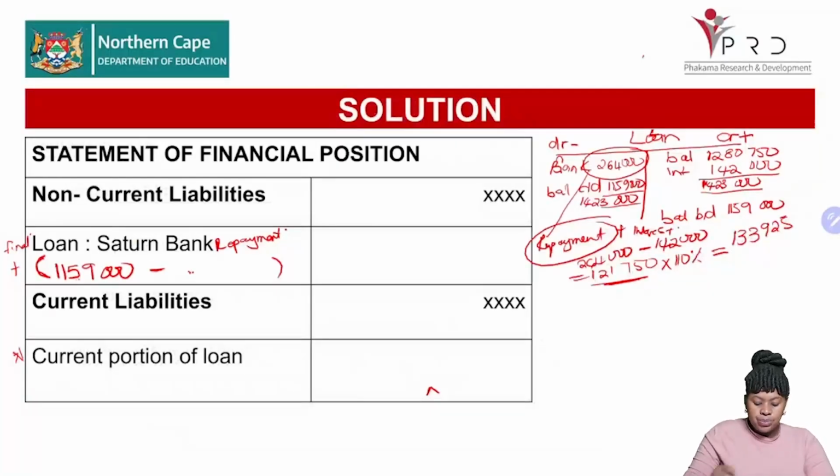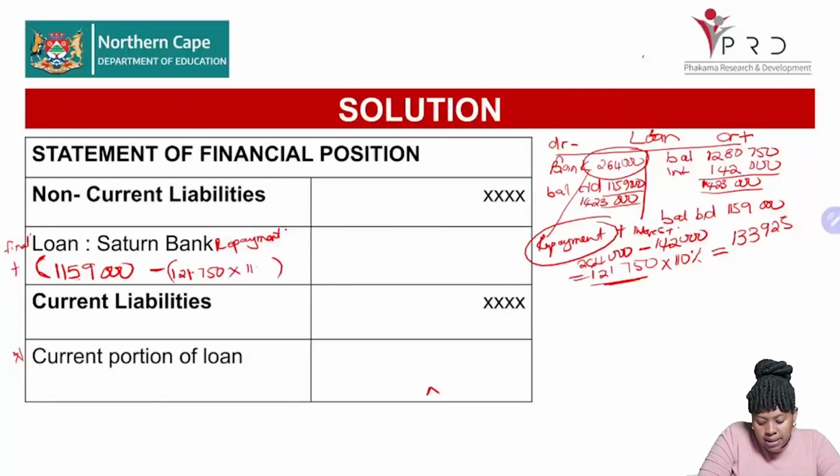In the interest of space, because I know you don't have much space, you will simply say 121,750, because you need to show your calculations, multiplied by 10%, and then you can give me the amount on top, 33,925, and then you can give me the final amount.